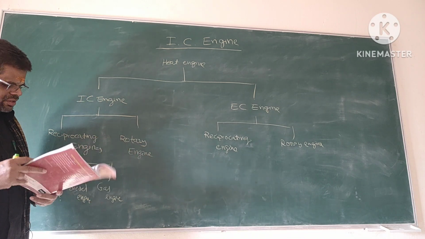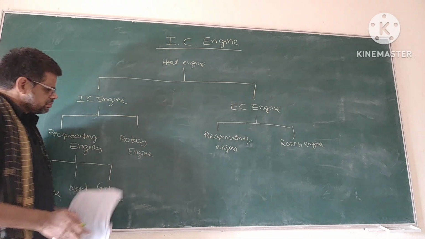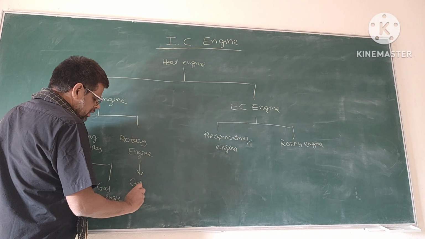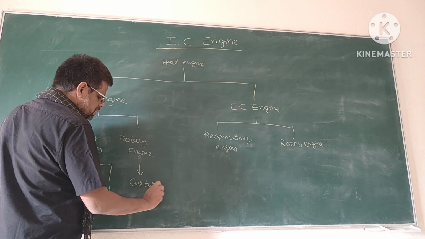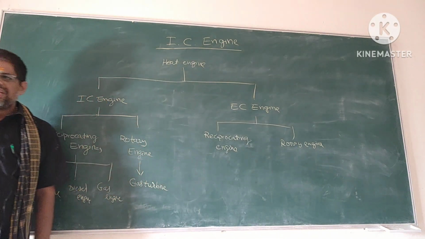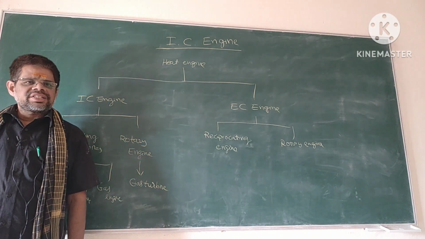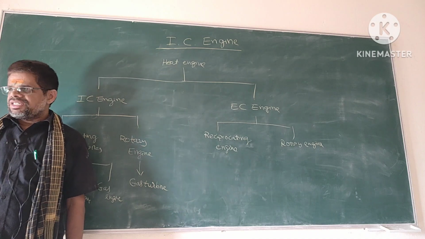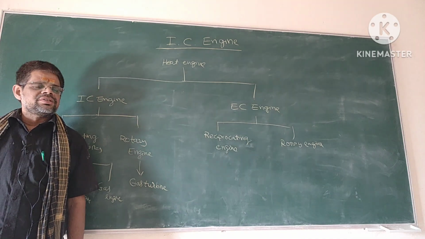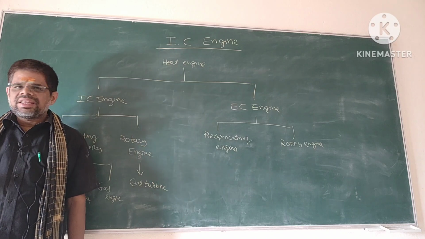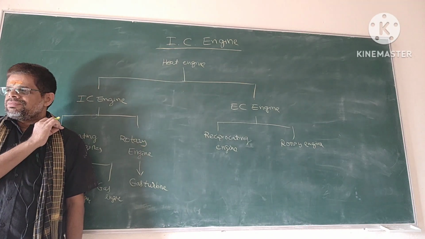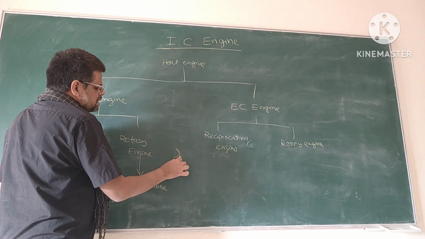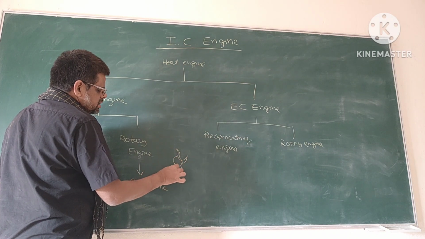Similarly, in the case of rotary machines, there is only one category, that is the gas turbine. Basically, these turbines are rotary machines which give us mechanical energy at the expense of heat energy. This turbine consists of a rotor with some blades mounted on it.